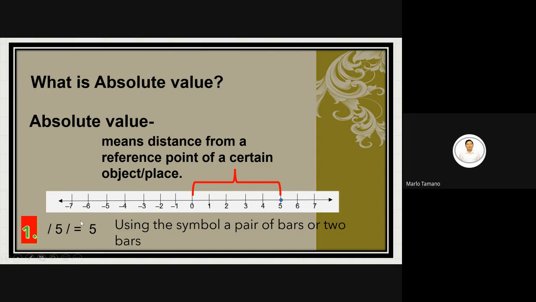Using the symbol, a pair of bars or 2 bars, yan yung ginagamit natin as a symbol of absolute value. Again, the distance from 0 to 5 is 5 units. Naintindihan? Madali lang, di ba?